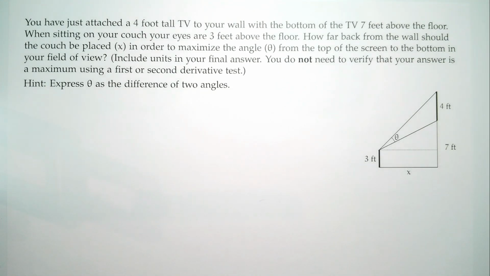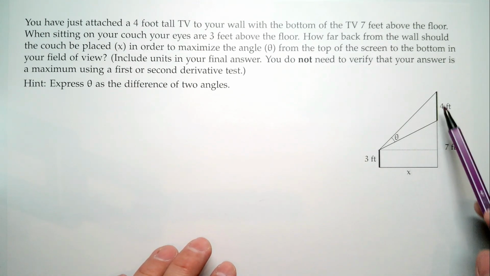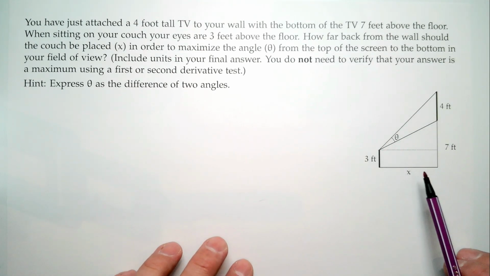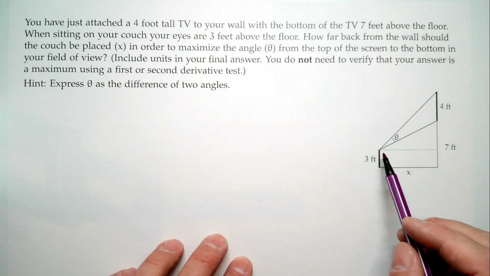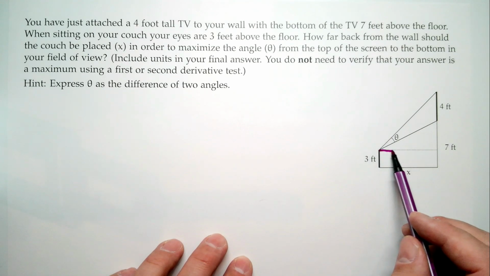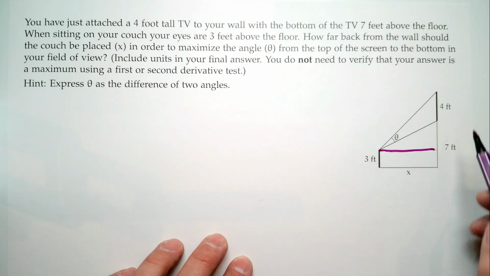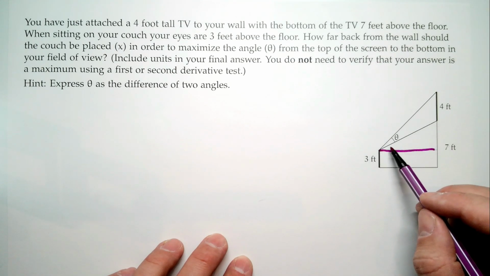Well, one way to get to it is to say, all right, I'm really good with theta when I have right triangles involved, because those are the right kind of triangles to work with. This theta right here is not looking like it's coming out of a right triangle. But here's what we can do. We can take this dotted line, fill it in, and think about there being two right triangles.